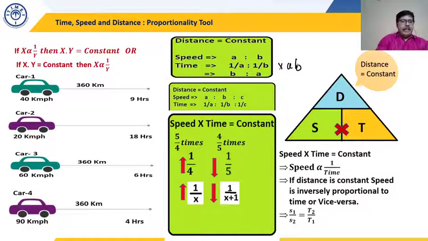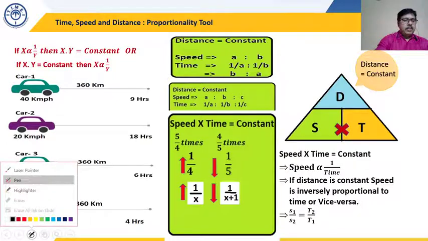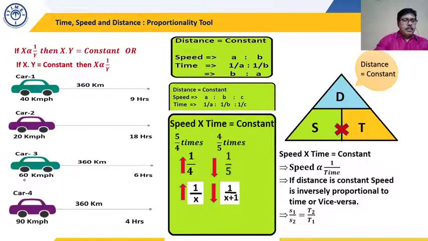Similarly, let's say my speed becomes 7 by 5 times. Can I say my time taken would be 5 by 7 times?